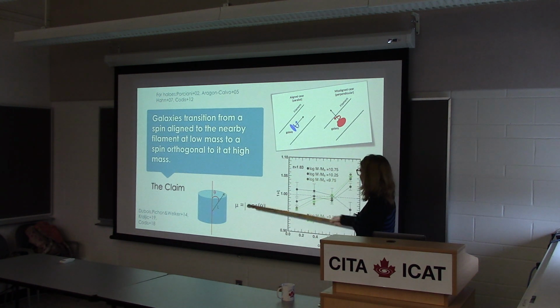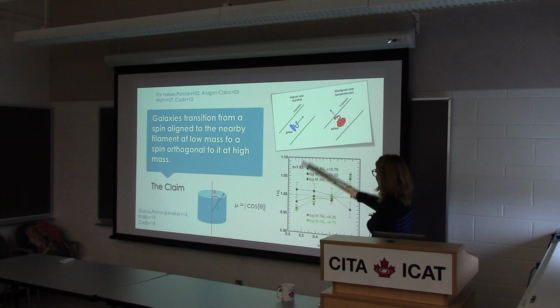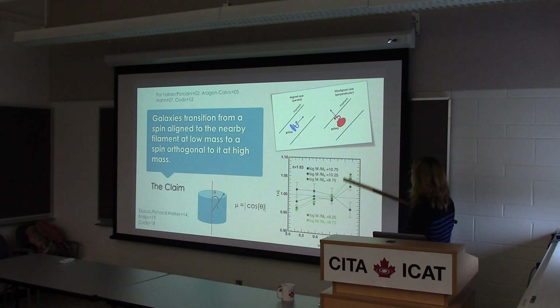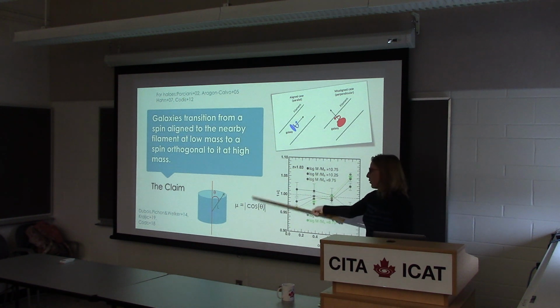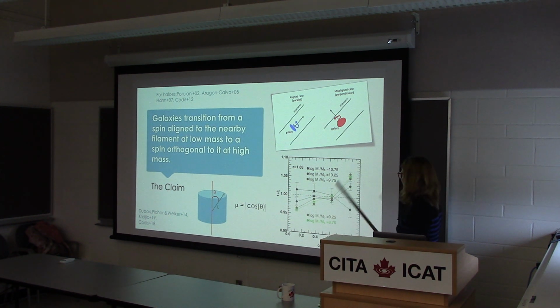If you look at the absolute cosine of it, and look at the PDF of this cosine, you realize that for very low stellar mass galaxies, you tend to have an excess probability at higher values, which means an excess of alignment to the filament.